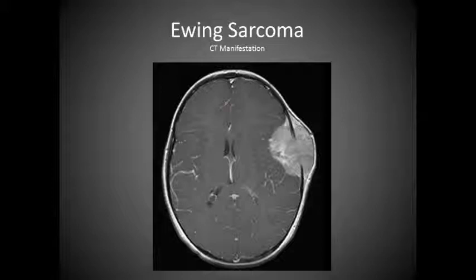Here's an MRI, and we have bony destruction of the skull here. And so we have the tumor actually growing here and actually invading inside of the skull as well. You don't see much of a midline shift.